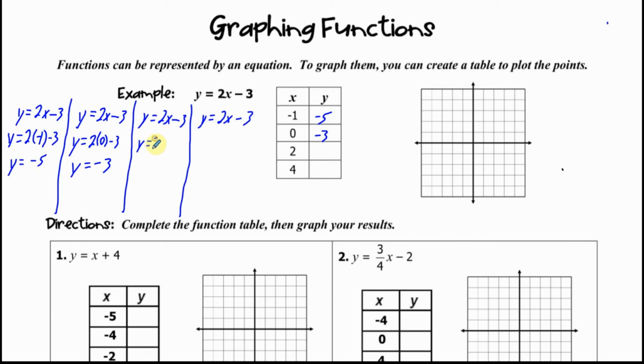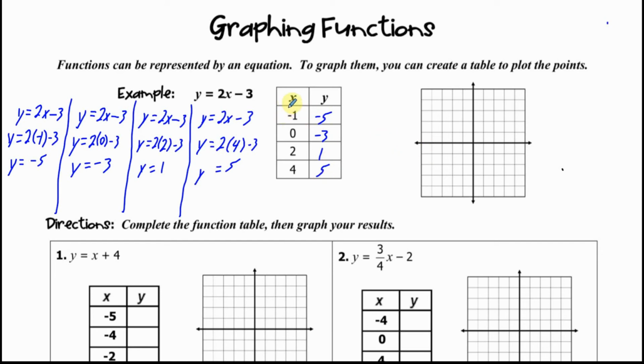So this time 2 times 2 minus 3, and the output is 1. Repeat with the 4. y equals 2 times 4 minus 3, and we get 5. So when I input 4 for x, my output for y was 5.